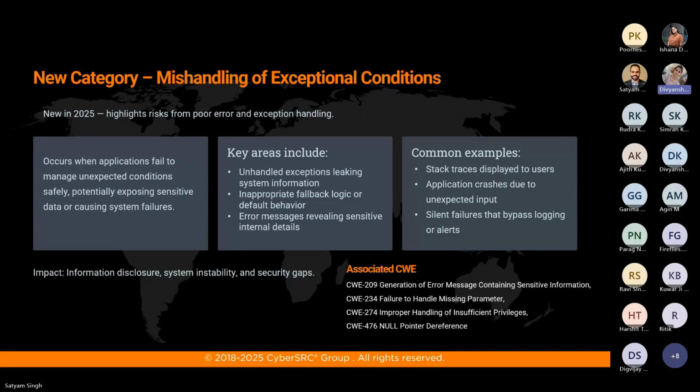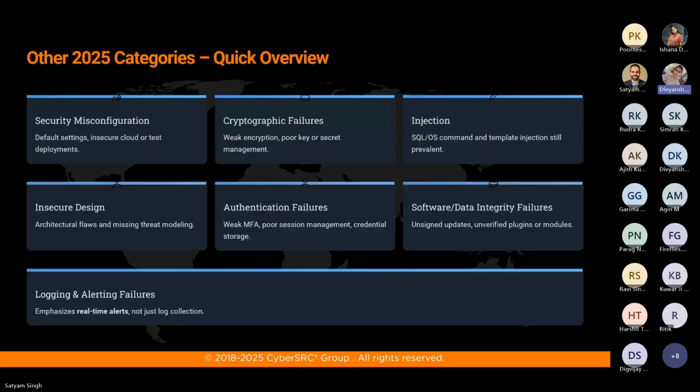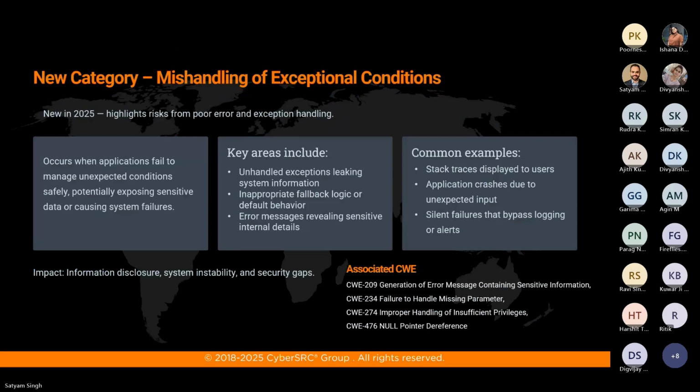I will continue by diving into one of the important risks in the OWASP top 10: mishandling of exceptional conditions. The next addition to the 2025 OWASP top 10 is mishandling of exceptional conditions. Applications encounter unexpected conditions all the time: invalid inputs, system errors, timeouts, and more.